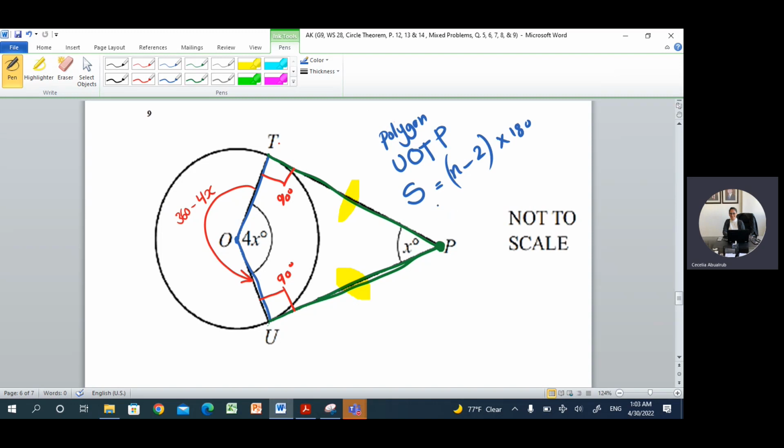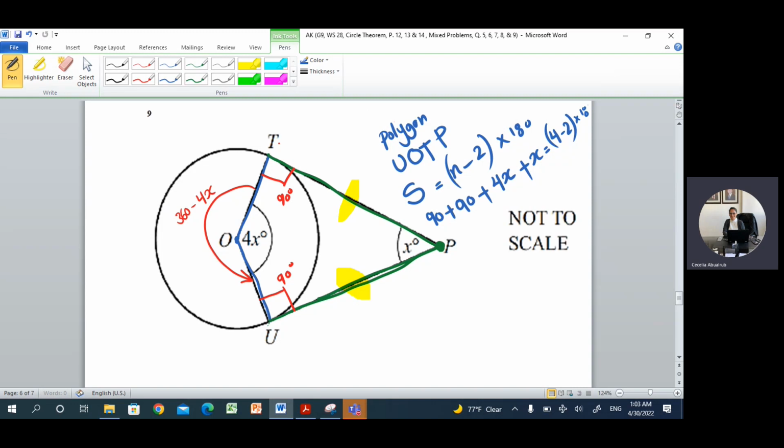So the given angles are 90 plus 90 plus the angle at the center, which is 4x, an interior angle in the polygon, and the angle at the meeting point of the 2 tangents is x. So we add it as well. Number of sides is 4 minus 2 times 180.